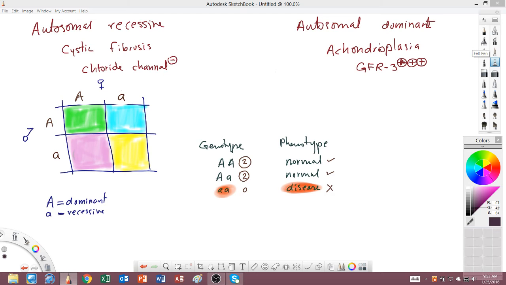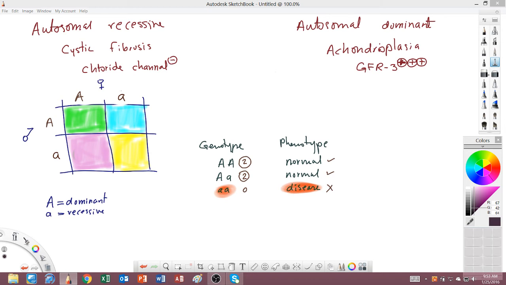Based on this, parents can have different genotypes. There's a different variety of parents, so I'm going to go over each parent. Let's say you have two parents that get married, both of them carriers.